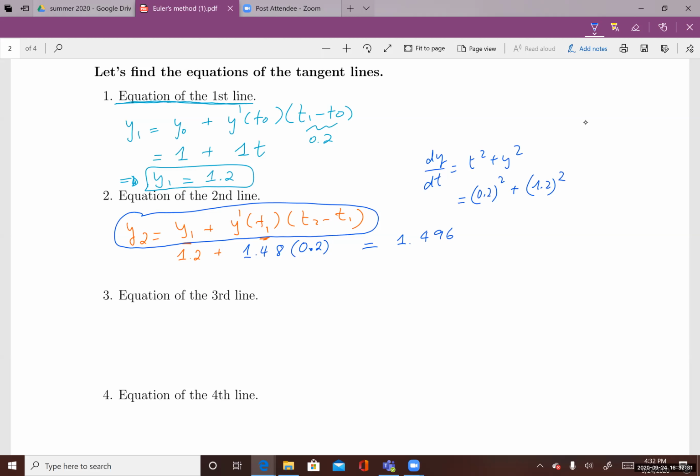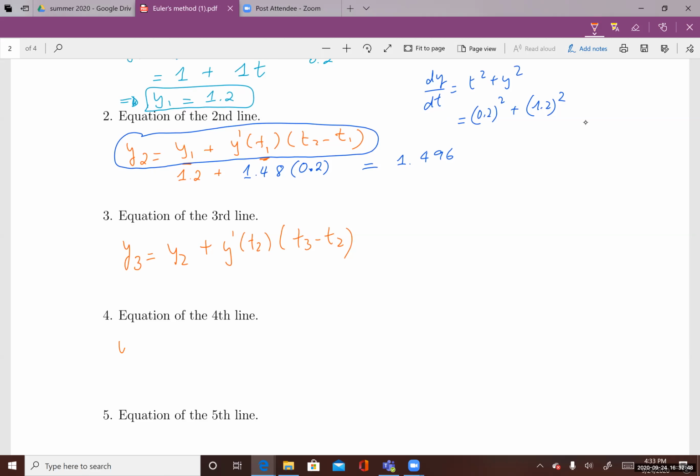What about the equation of the third line? In this case, I'm just going to write down the equation, right? The third line, using the previous point y2 plus y prime of t2, and again t3 minus t2. The fourth one, y4 equals y3 plus y prime at t3 and t4 minus t3.